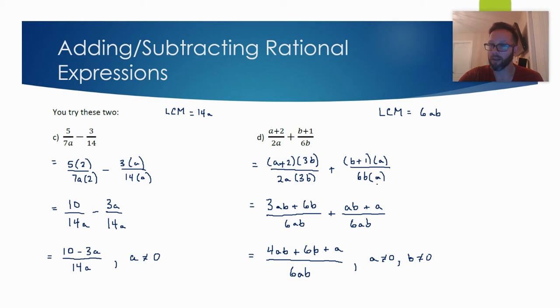The second one just needs an a to get it to 6ab. I've distributed, so 3b times a and 3b times 2. I did a times b and a times 1, and then I collected all the like terms I could on top. Remember, when you add and subtract fractions, the denominator does not change.